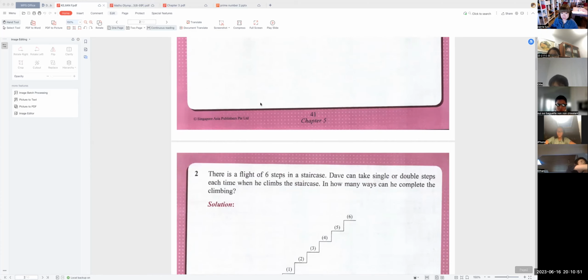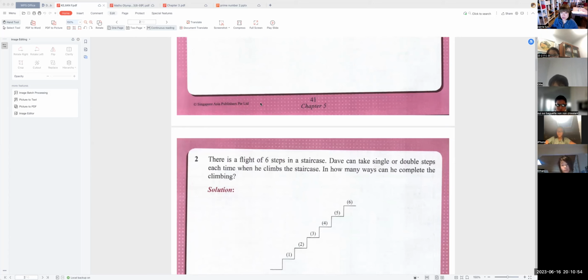Okay, so that's the same thing. I want you to take a look at this one. There is a flight of 6 steps in the staircase. Dave can take single or double steps each time when he climbs the staircase. In how many ways can he complete the climbing? Okay, everybody, try to think about it.